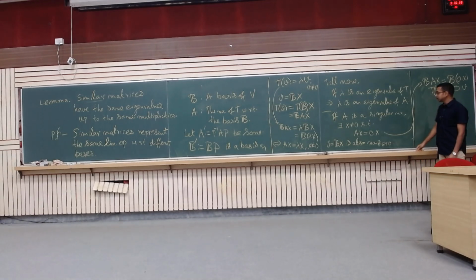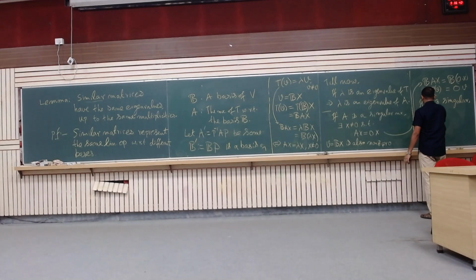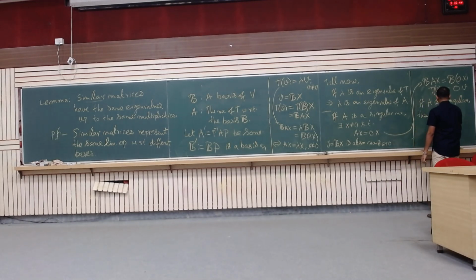So is the logic clear to you that if A is singular, then 0 is an eigenvalue of T. In other words, that is if and only if kernel T is not equal to 0.